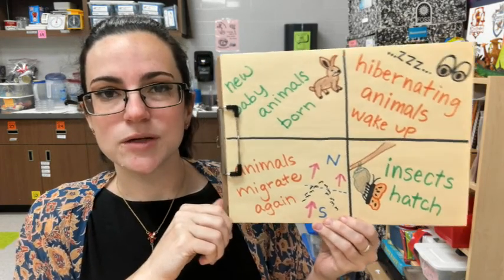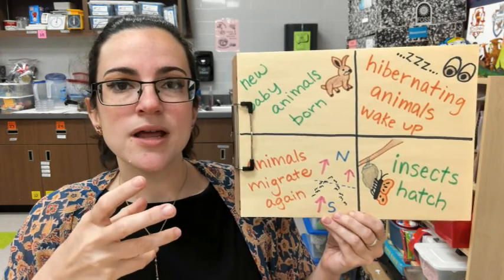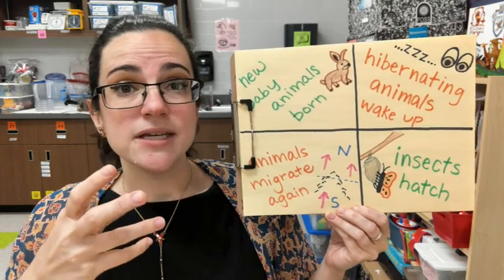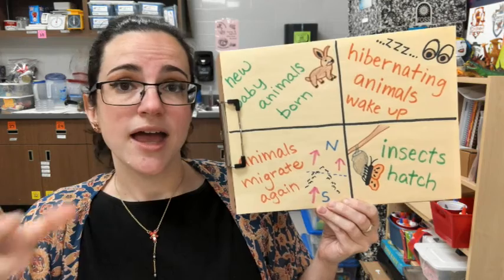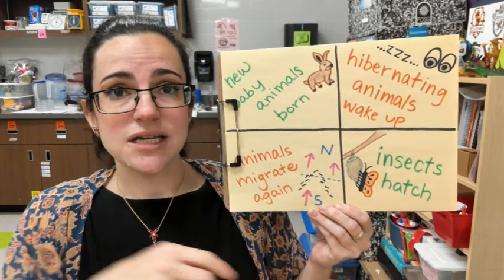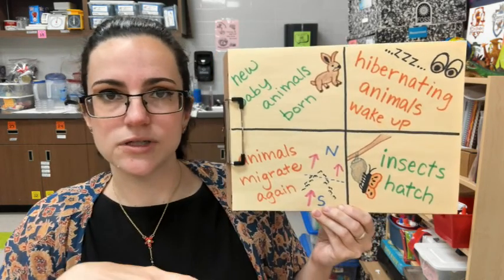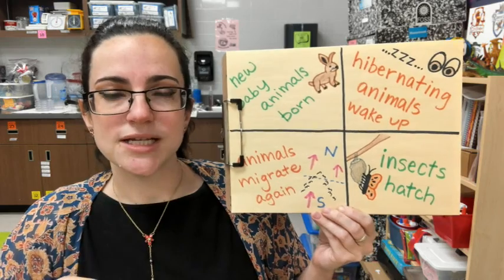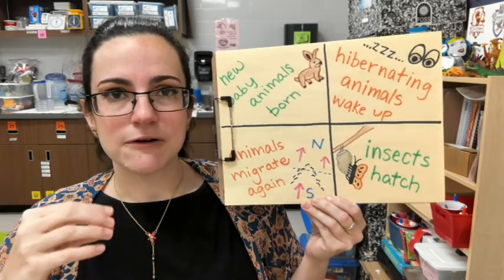Some of those animals that are being born might be hatching, coming out of some sort of egg or cocoon or something like that. So we start to see the life cycle happening, maybe with butterflies, for example, during the springtime, because everything seems to be in this perfect condition.